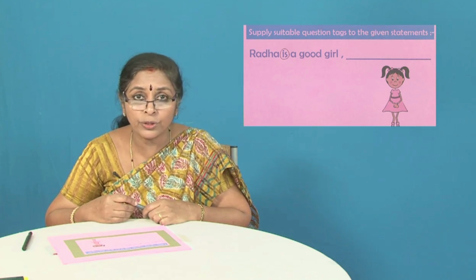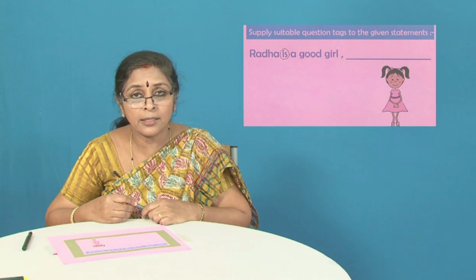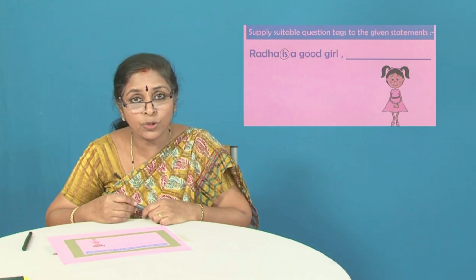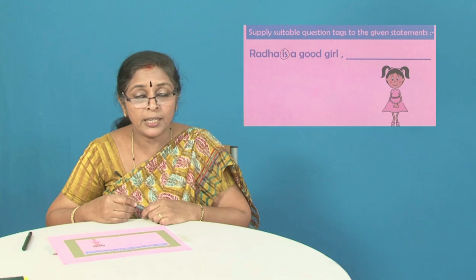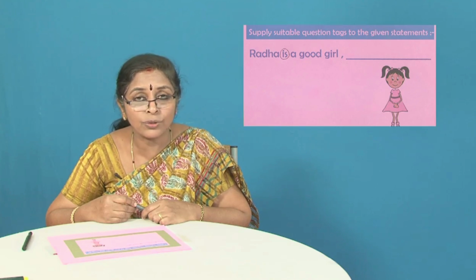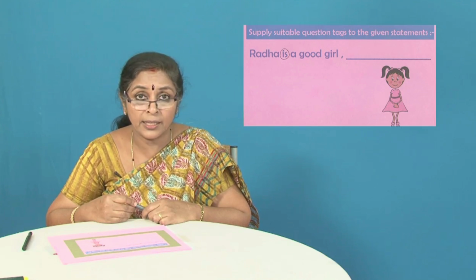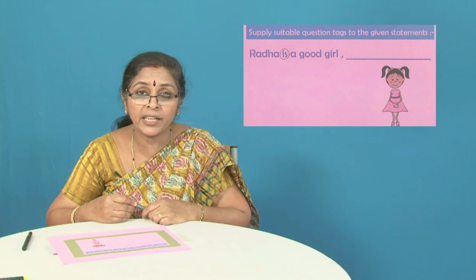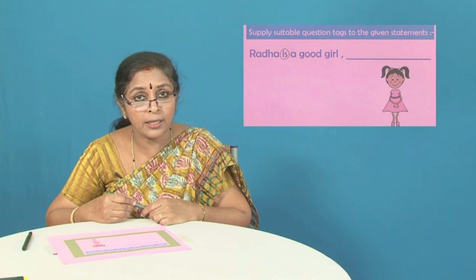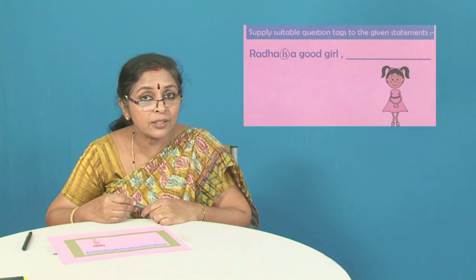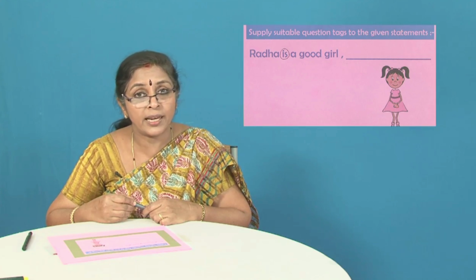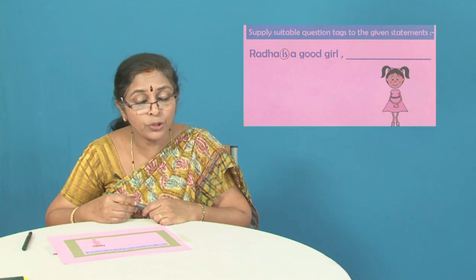I have already told you some time back. The reason is, if you do not use the short form of the negative word, then instead of having 2 words, you will have 3 words. And when you have 3 words, it is not adhering to the rules of question tag. You are violating or breaking the rule of question tag, because the question tag very clearly states that it consists of only 2 words and it cannot have more than 2 words.